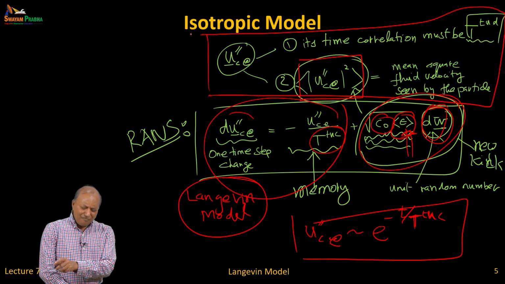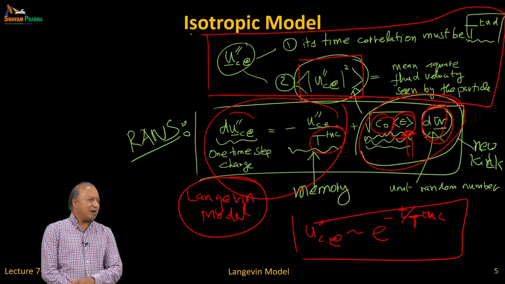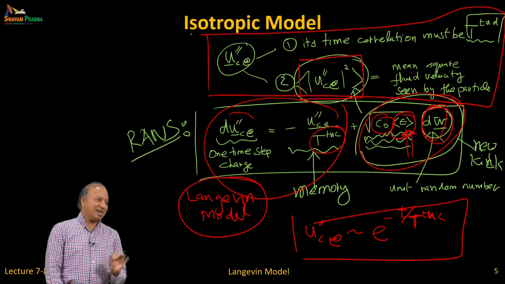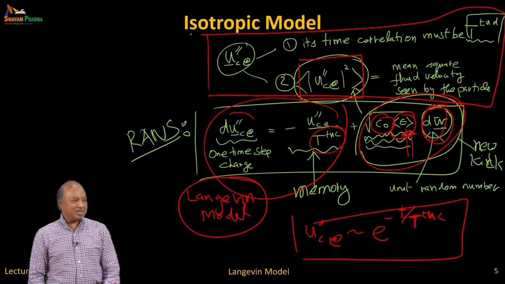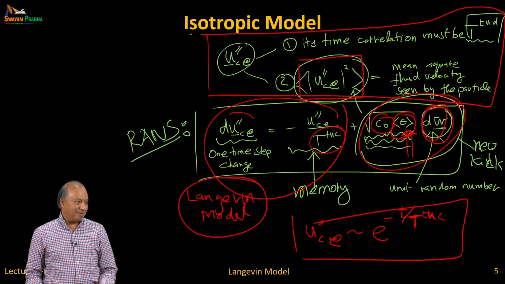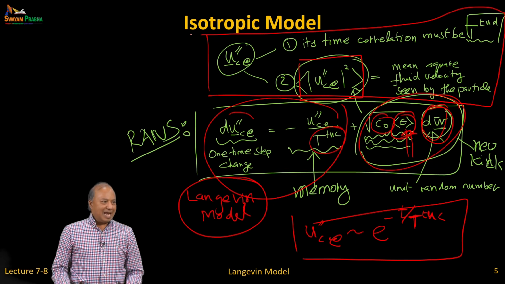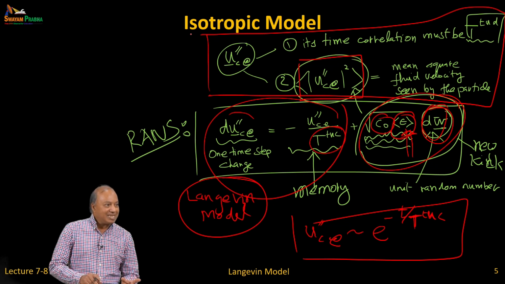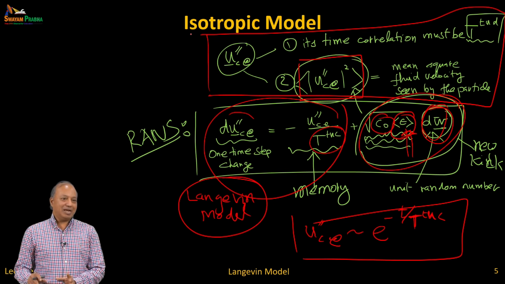For LES, you have a very similar equation, a little bit more complicated. It will try to take care of the subgrid turbulence that you neglected. That will be related to our SGS model, whatever. Absolutely. Yes. So there you will calculate the SGS eddy viscosity, which will come in, and a similar formula will come. So that when you do a RANS or LES, everything that you need will come from the RANS, both the mean velocity as well as the information on fluctuation.